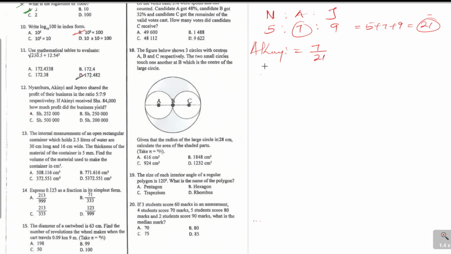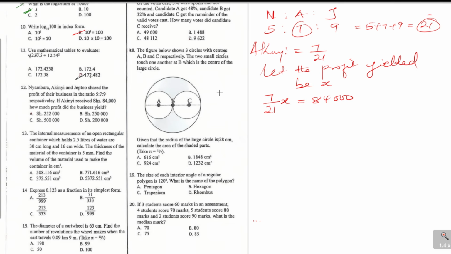So if we let the total profit yielded by this business be X shillings, then it means 7 divided by 21 of X, of that profit, is KCDE's amount. We get 7 divided by 21 multiplied by X, where X is the total profit. That gives 84,000.